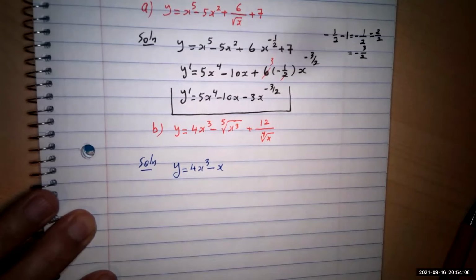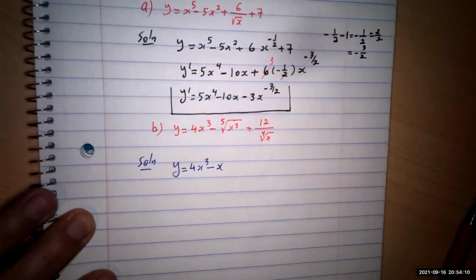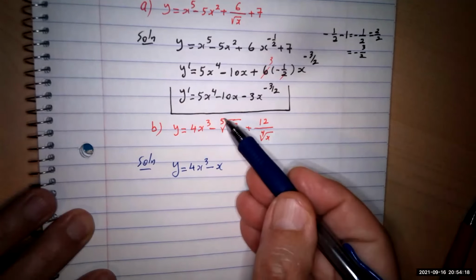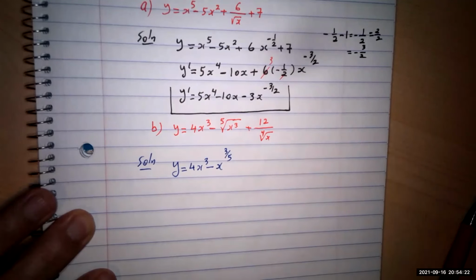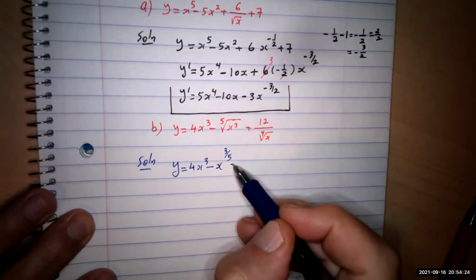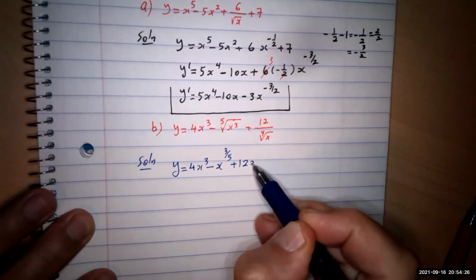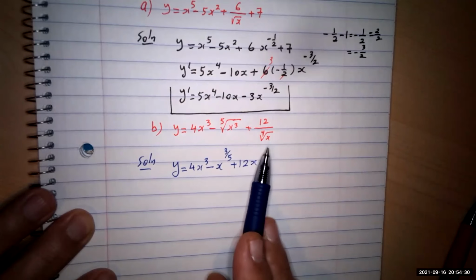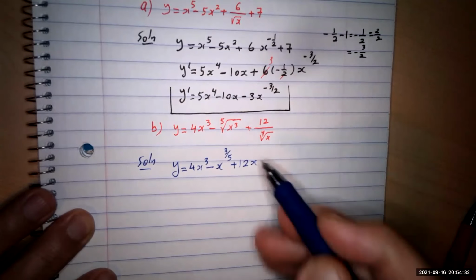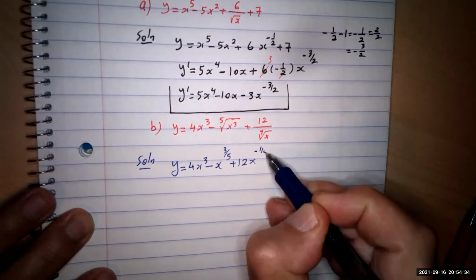When you switch it, x to which power? 3/5, yes, that's it. So it's going to be x to the 3/5, done, plus 12x to the, the 4th root of x would be x to a quarter. Based on the denominator, you move it up, x to the negative quarter.